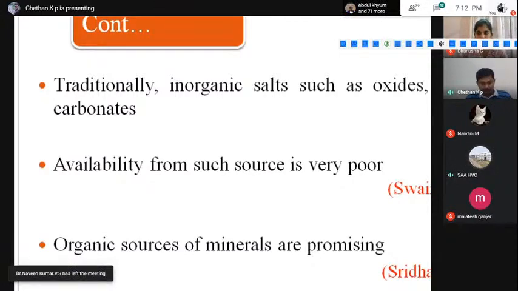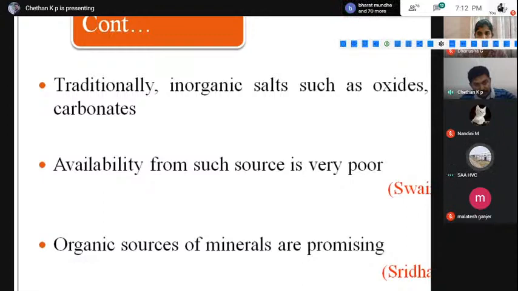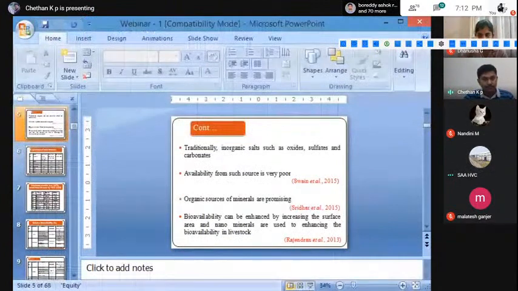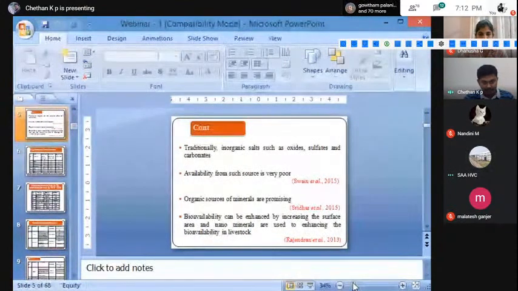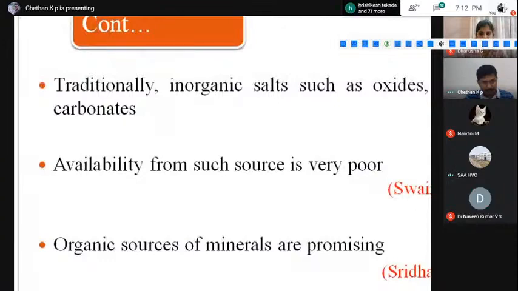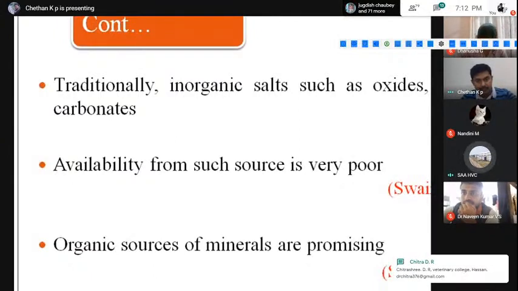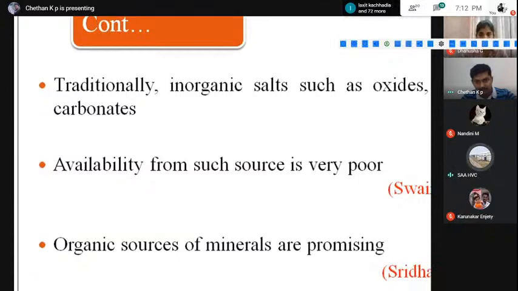Excuse me, sir. Chethan? Yes, sir. Please go back, press escape, and check, your presentation is not completely visible on the screen. Is this visible now? Shall I present slideshow? Sir, half of the slide is gone. After oxides, it's not visible. Carbonates is coming next. Shall I reduce the size of it?